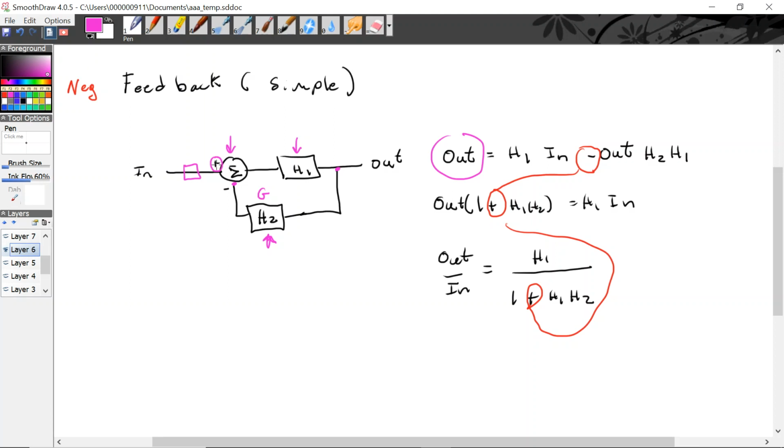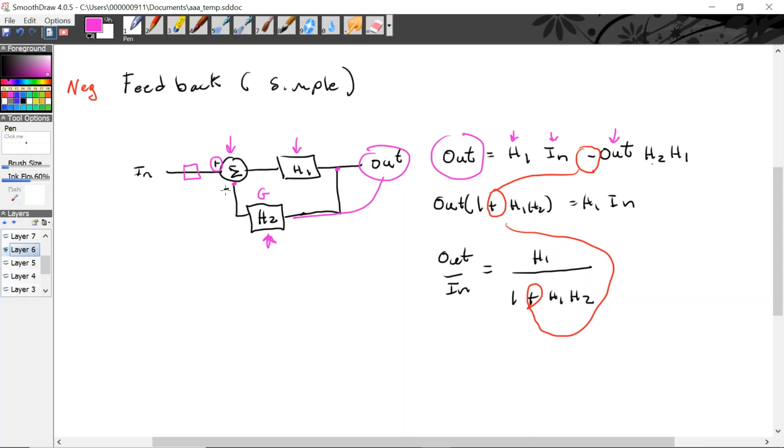So n comes in, it's multiplied by 1, in this case, times H1. So that's H1 times n. Now how do we deal with the feedback? I'm starting at out. Then I get multiplied by H2.